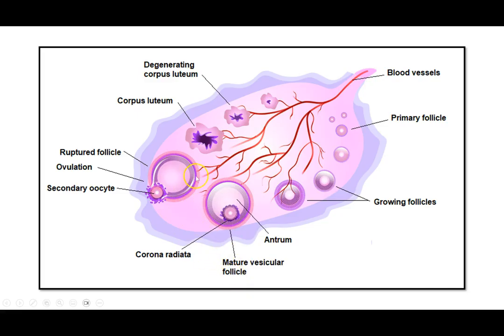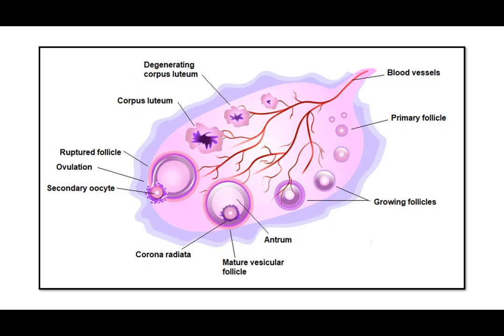This is going to be either the secondary or tertiary follicle, in this phase right here. And then here's our egg right there. Then we ovulate, releasing that egg cell through those different theca and granulosa cells.